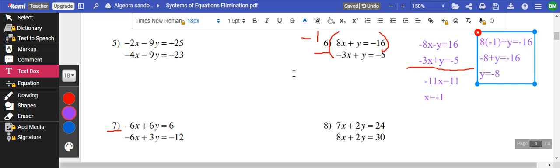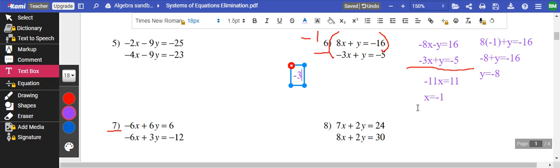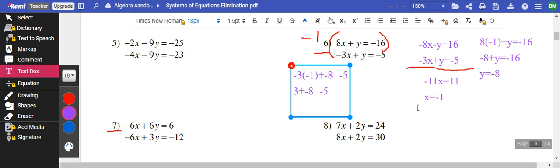So I am now going to put this in the second equation down here and go -3 times -1 plus -8 = -5. So I'm going to get 3 plus -8 = -5. -5 = -5.